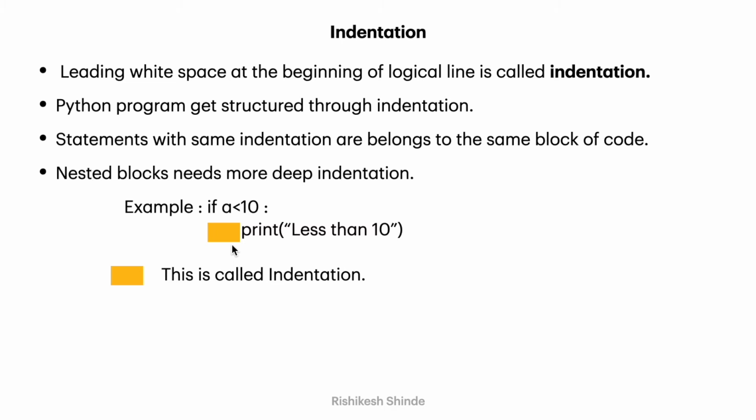If we give two space indentation, then that code goes under another block of code. This is how indentation works for same or different blocks of code. Next, nested blocks need deeper indentation. How we write nested if else statements we will see later, and in those sessions we will see how deep indentation works. Here is the example of indentation, you can have a look at it.